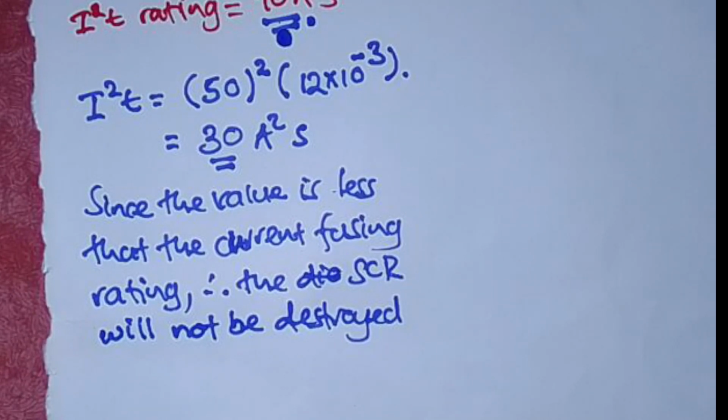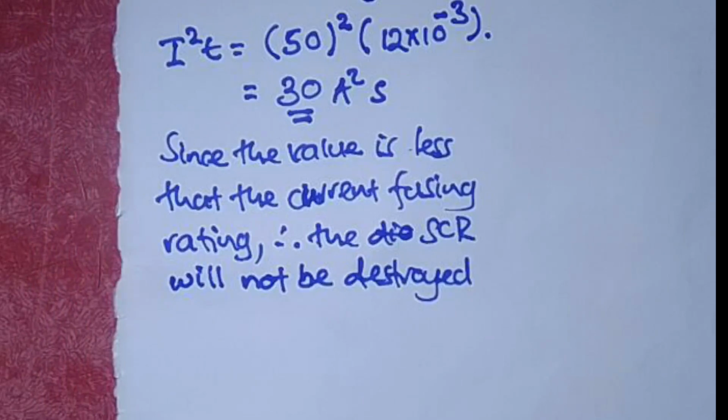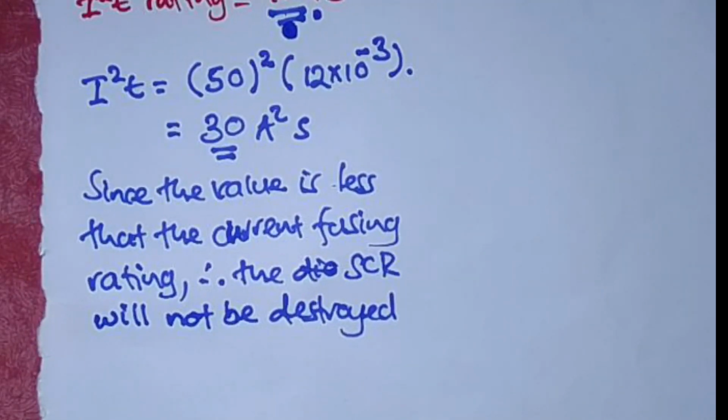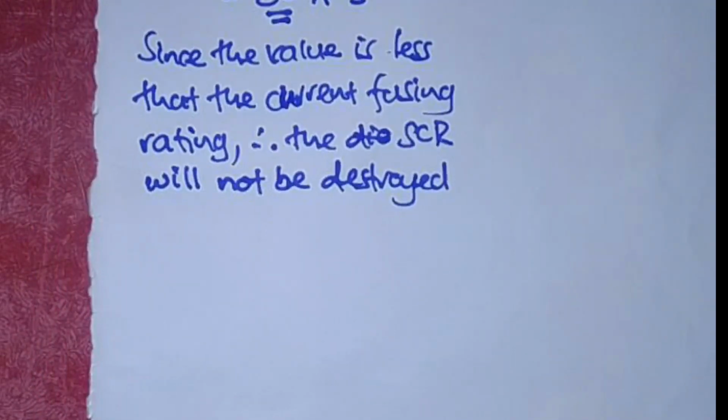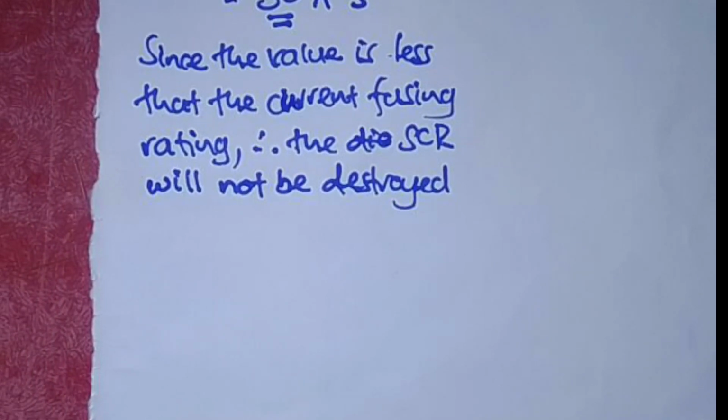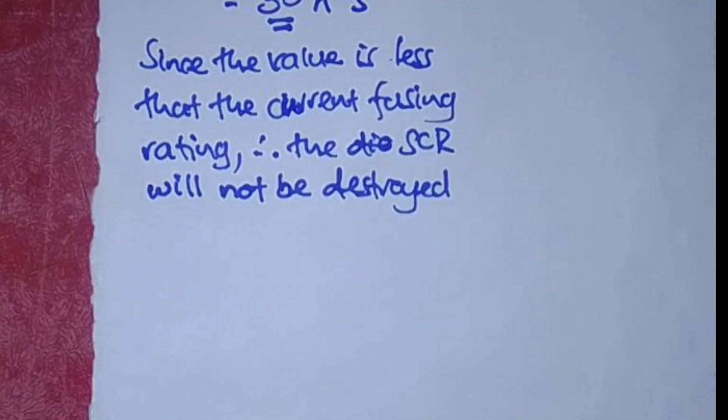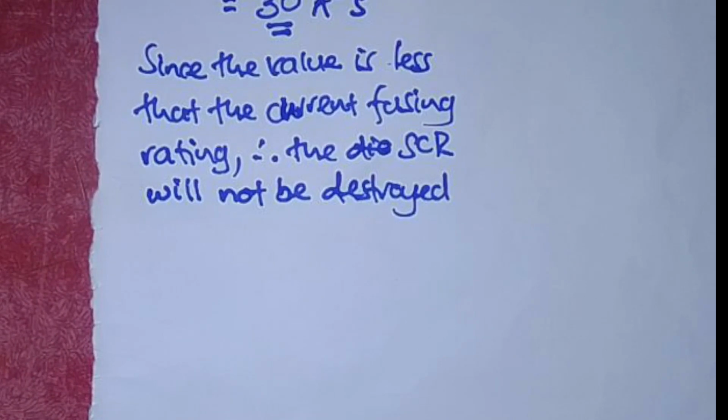So I'm going to proceed with this SCR circuits here. And I was trying to say that an SCR, we said it can be used for rectification. So we are going to look at the silicon controlled rectifier itself.